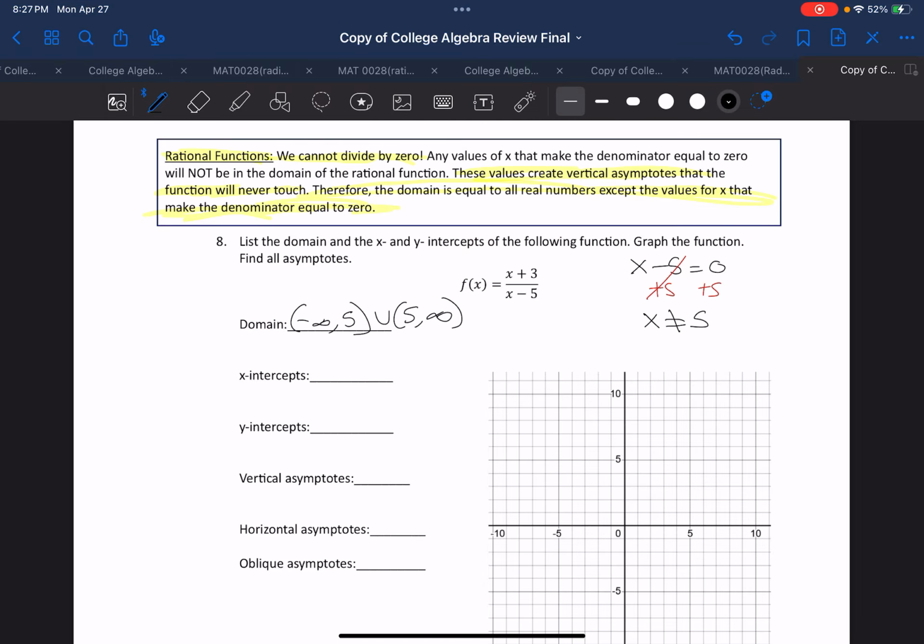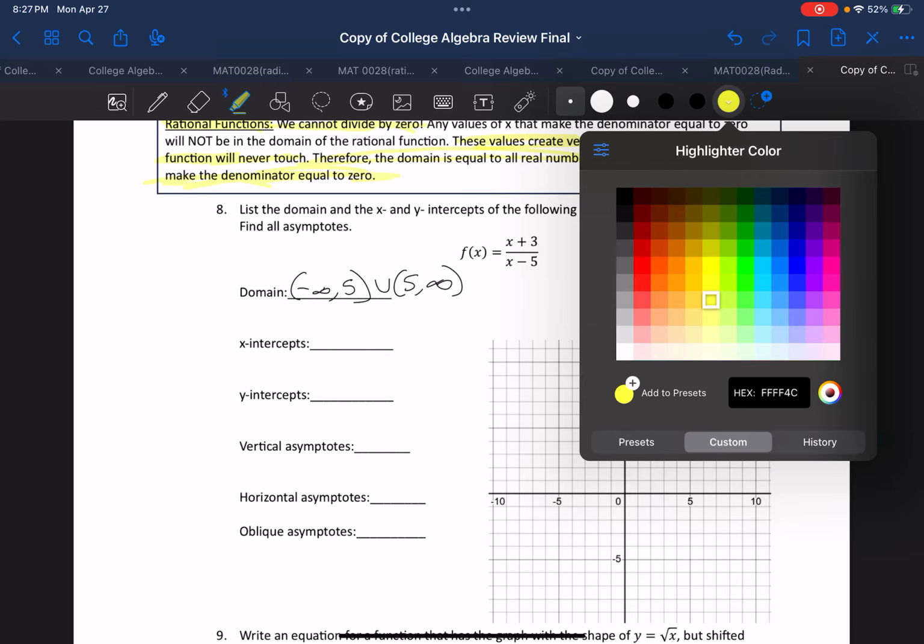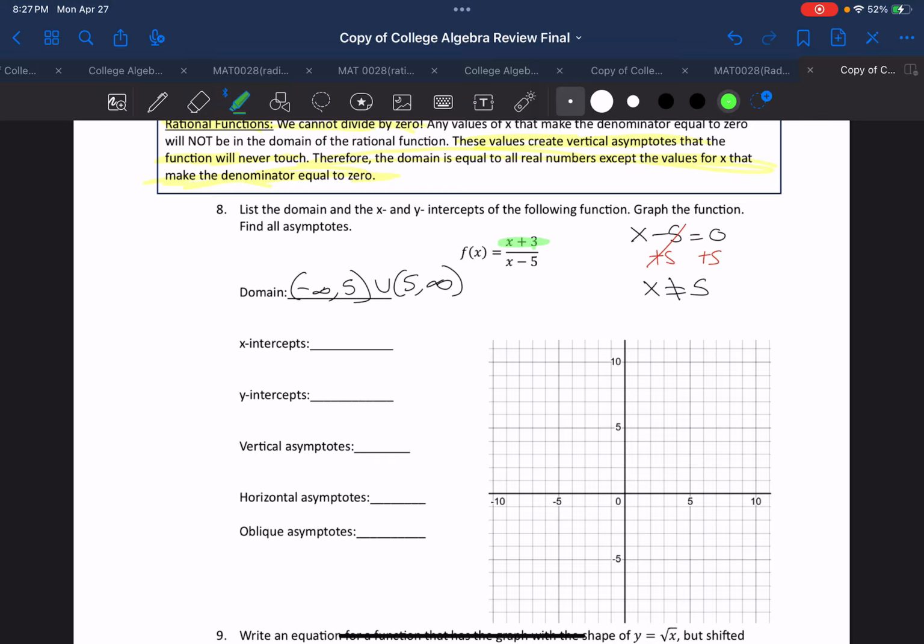All right, to find the x-intercepts of a rational function, we set the numerator equal to 0 and solve. So x is equal to -3 is an x-intercept, which comes in the form of the point (-3, 0).